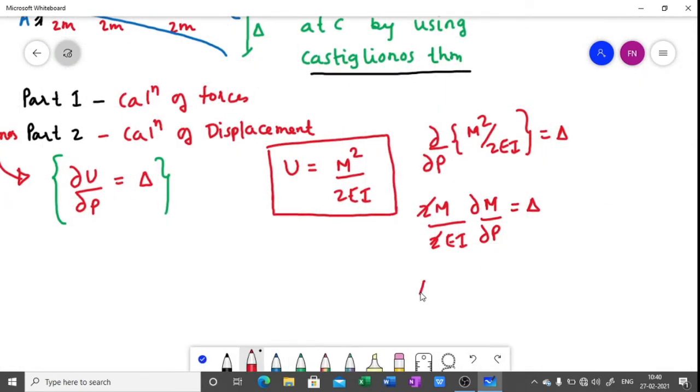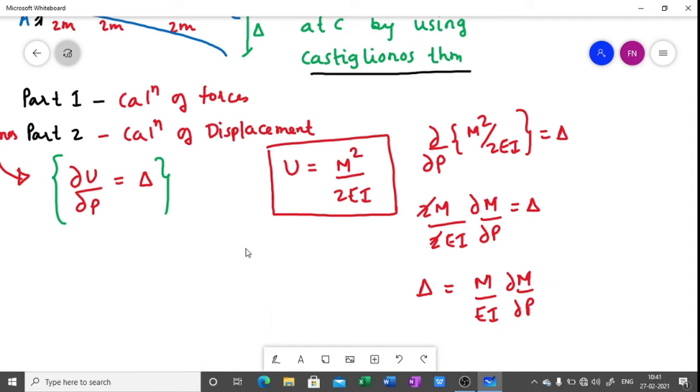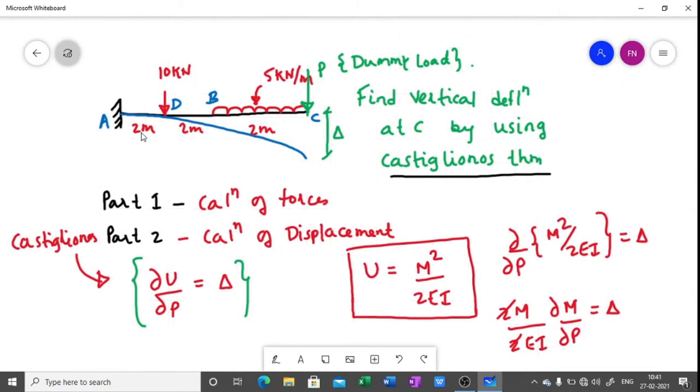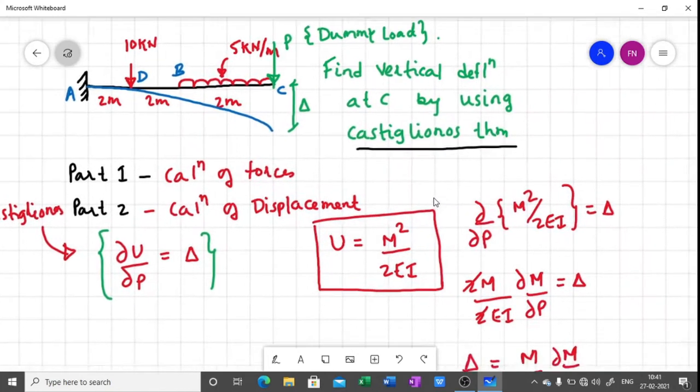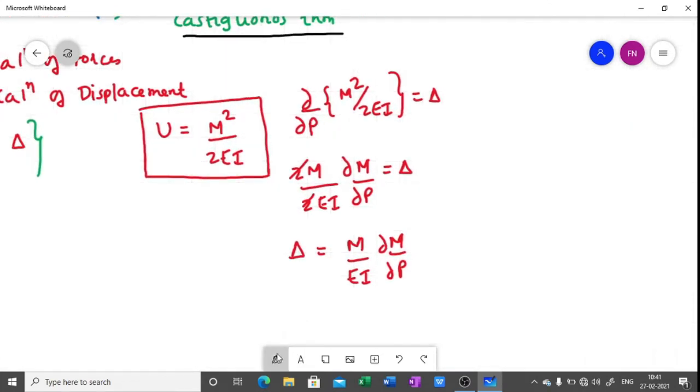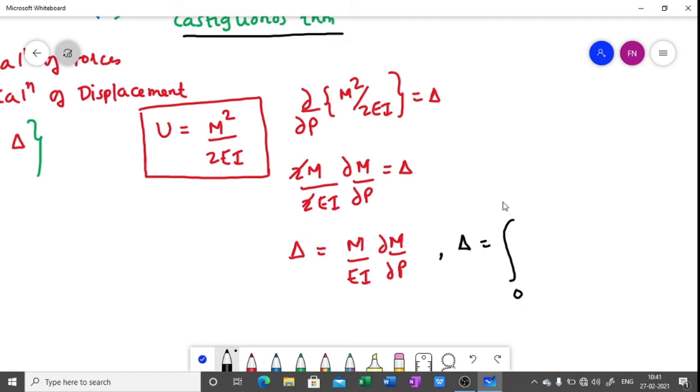Now the formula is delta equals M by EI times dou M by dou P. You see that this bending moment is not constant. It varies from A to point C. To consider the varying bending moment, we have to do limit integration. So delta equals the integration between the limits 0 to L of M divided by EI times dou M by dou P.